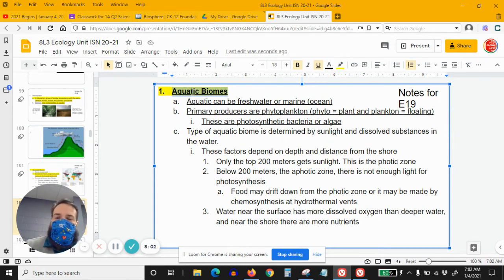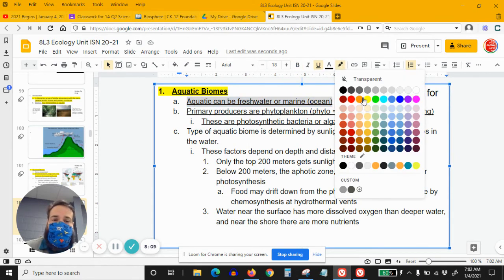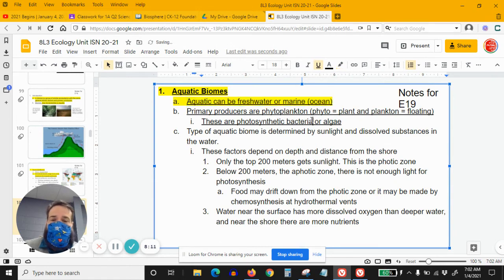All right. An aquatic biome can be freshwater, or it can be marine, which is going to be ocean water. So when you hear the word marine, you should think salty H2O. The primary producers in aquatic biomes are usually phytoplankton.